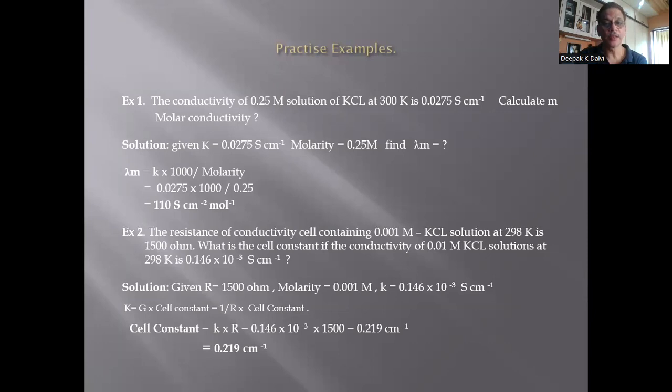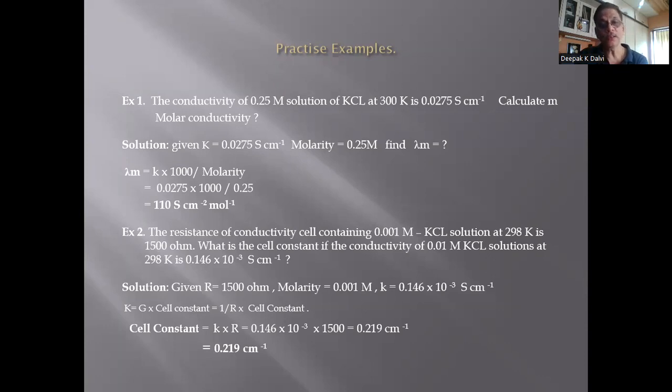Cell constant is l over A, as we have seen in the last section. And G is found by 1 over R.